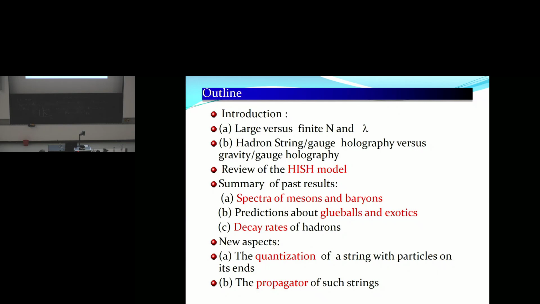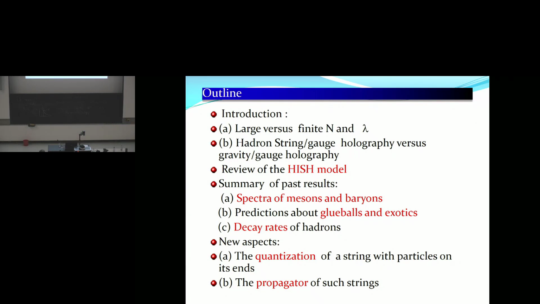Okay, so I just told you about these issues. Now I'll review what this HISH model is. I'll summarize some of the past results. In particular, I'll show you results about the spectra of mesons and baryons, and predictions about glueballs and exotics.